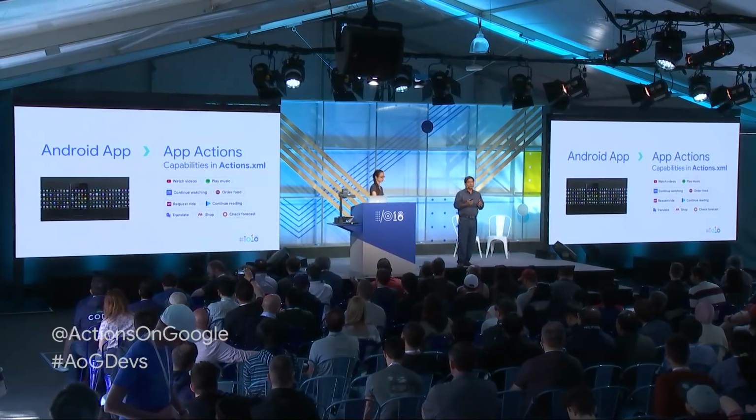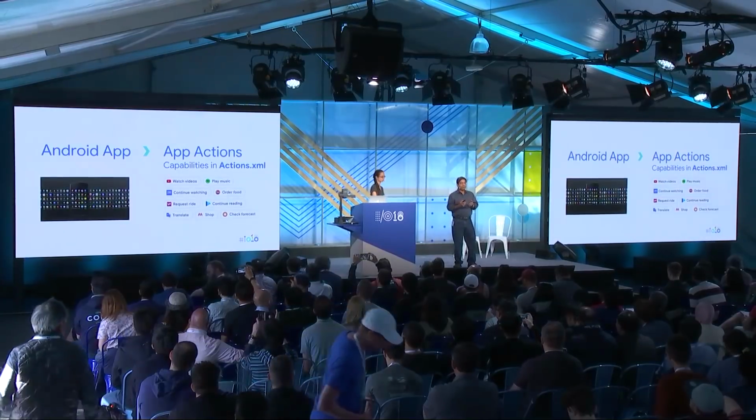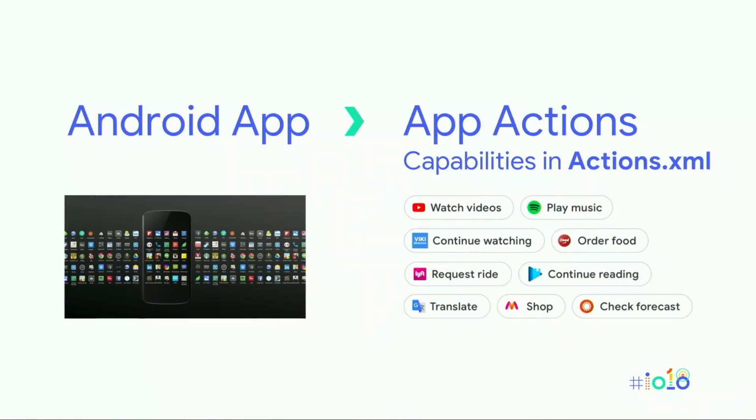Dave Burke mentioned this in the consumer keynote a couple of days ago. App actions is a way for you as Android developers to surface the capabilities of your app so that Google can surface your capabilities, your actions, and your content across many different touch points across the Android platform.